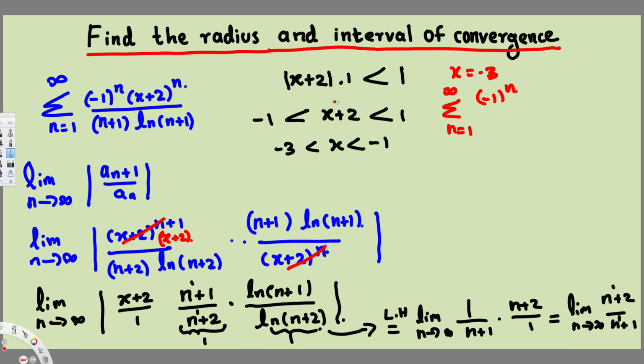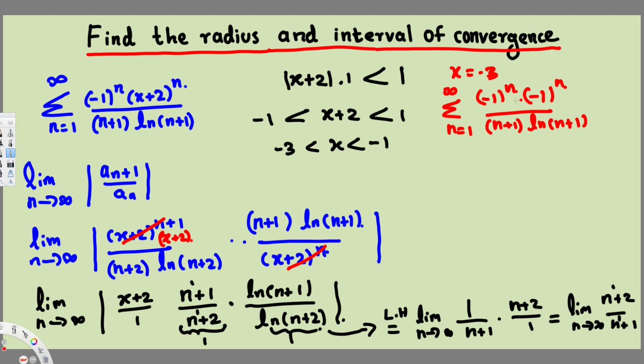Here we have negative 3, so negative 3 plus 2 is going to be negative 1, right? So negative 1 power n again. And in the denominator, we are going to have (n plus 1) times ln(n plus 1).